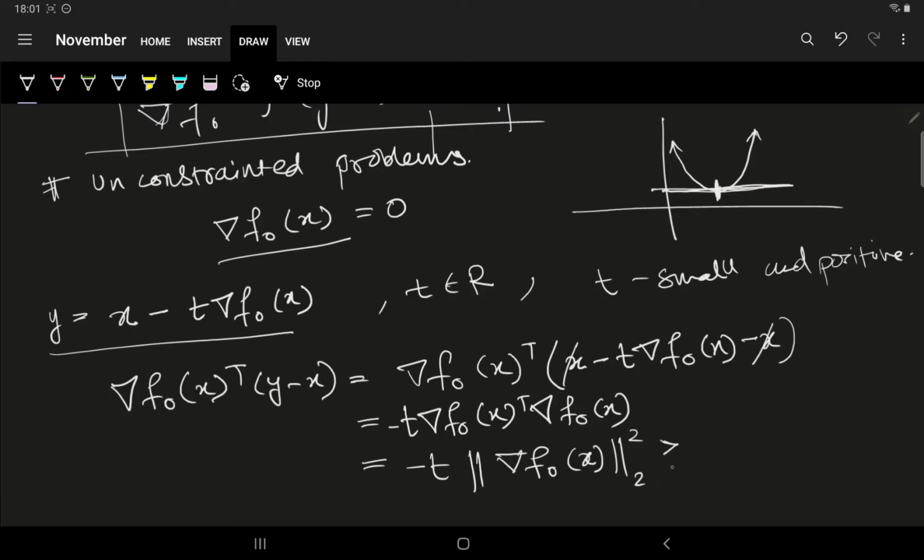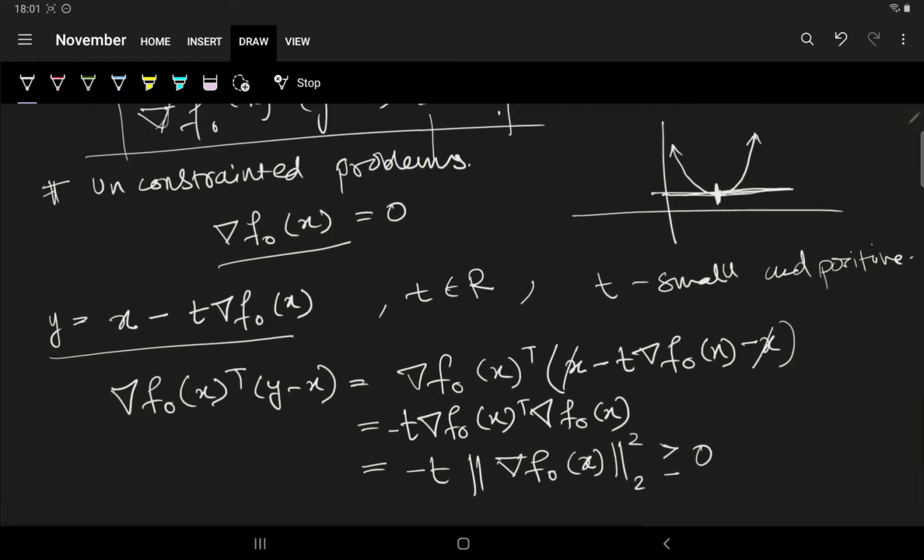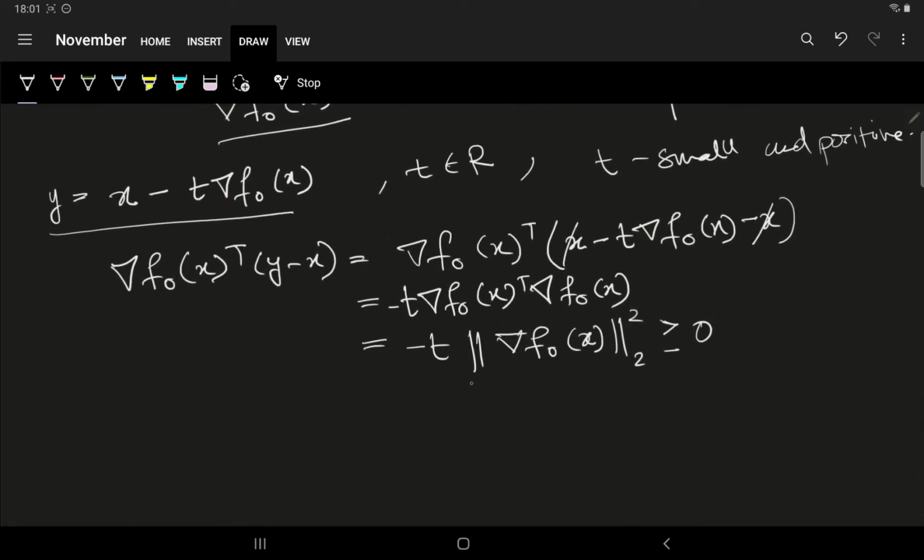And which we know, so this is positive and this is positive, and there is a negative sign. We know t is small positive, so we have taken this as a positive value, and this will always be positive.